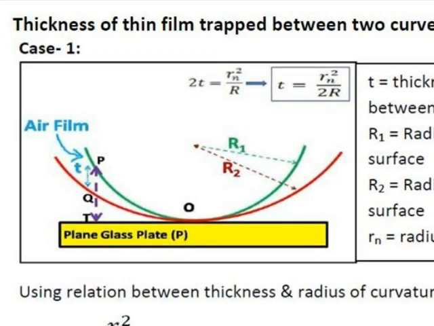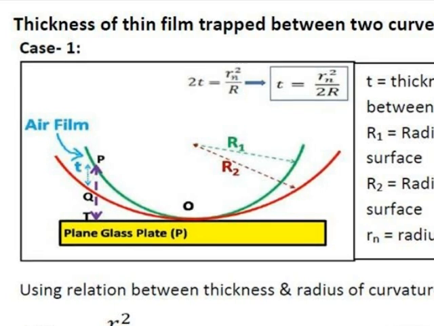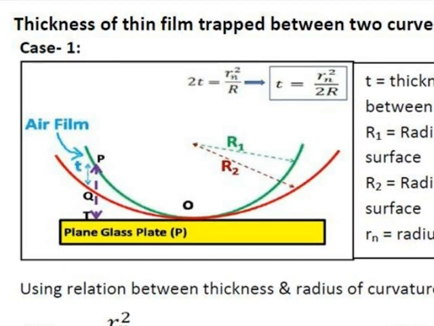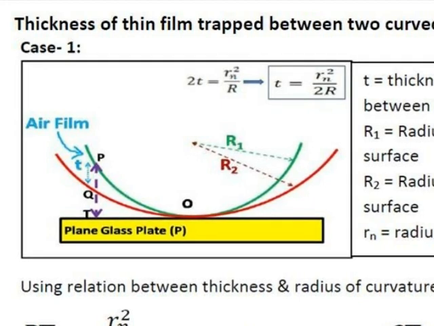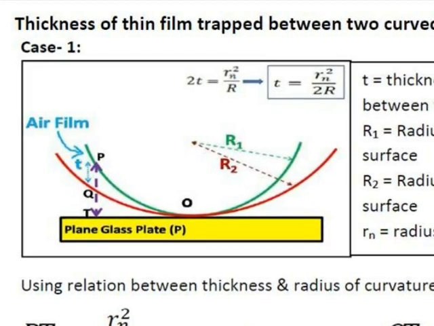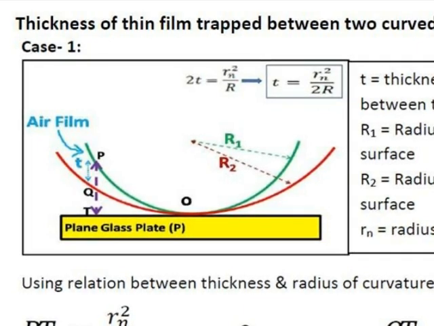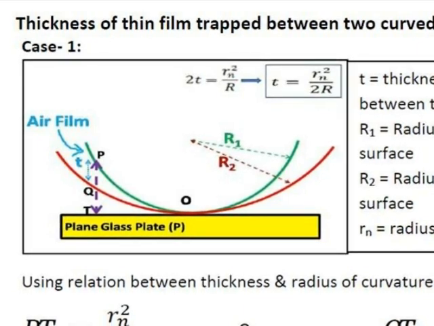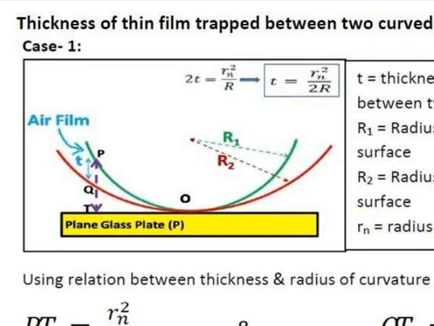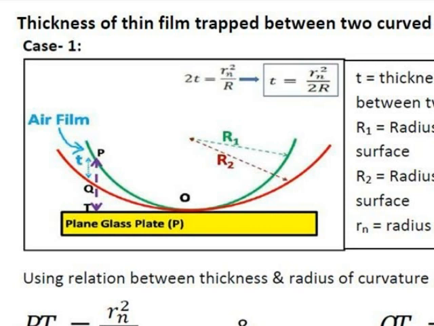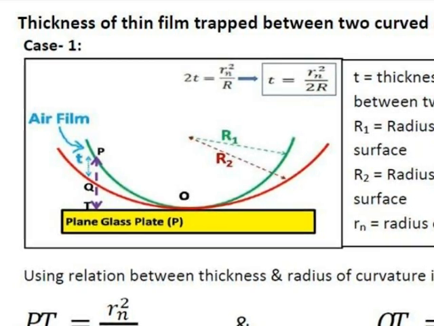Last is, we can find out the thickness of a thin film trapped between two curved surfaces. This may be considered as a kind of conceptual question. Suppose we have two curved surfaces. Green one is one curved surface and the red one is another curved surface. We have air film trapped between these two curved surfaces.